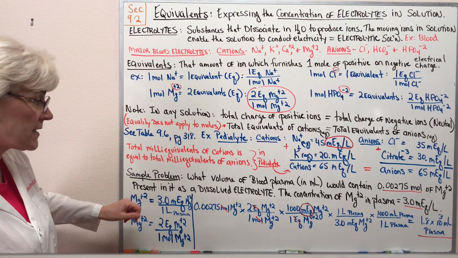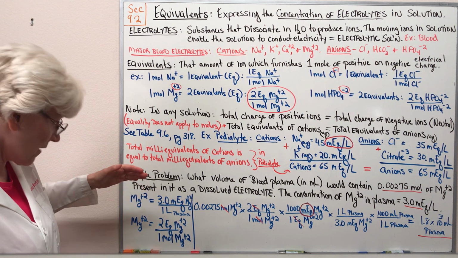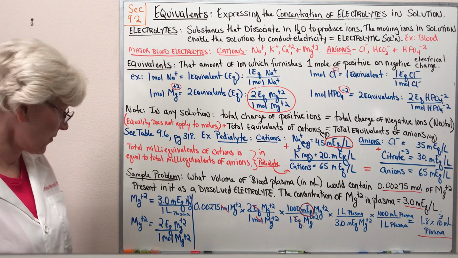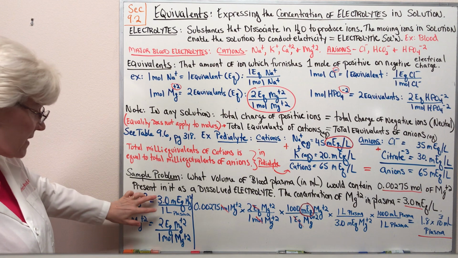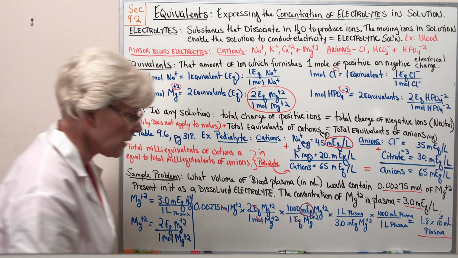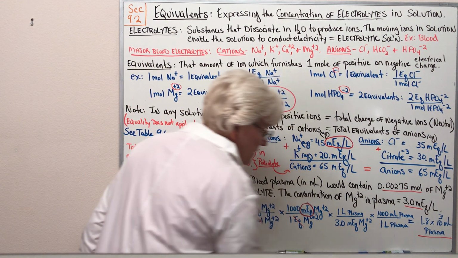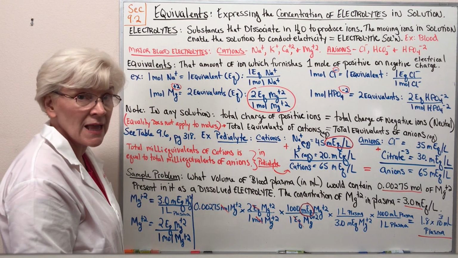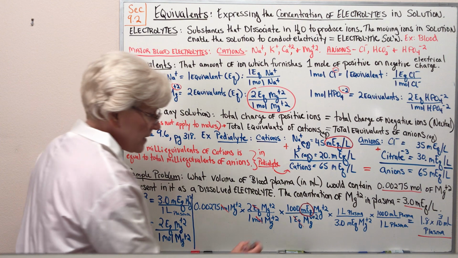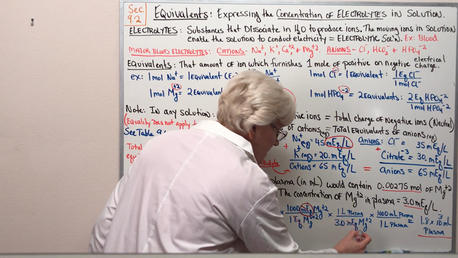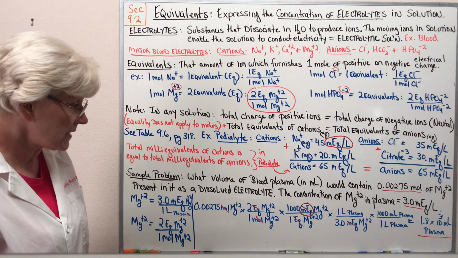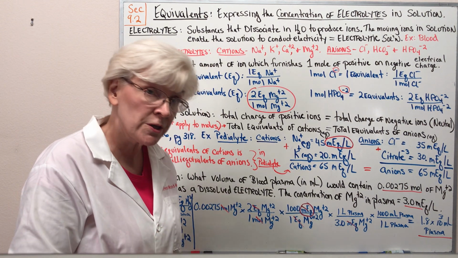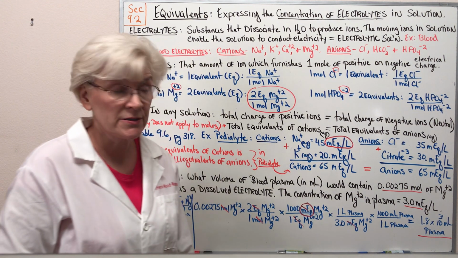Notice I need concentration of milliequivalents per liter to be used in its inverted form. I need to take this concentration and flip it so that milliequivalents of magnesium is in the denominator and liters of plasma is in the numerator. If I look at the dimensional analysis, the milliequivalents of magnesium cancel and I am left with volume of plasma in liters.